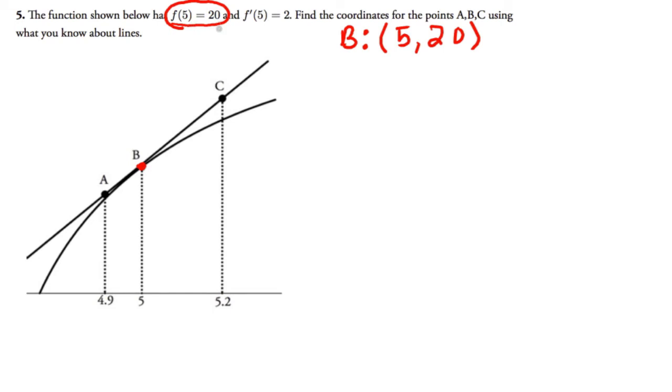And then the other thing that we know is that the derivative at 5 is equal to 2. So what that means is that the slope of this tangent line is equal to 2.